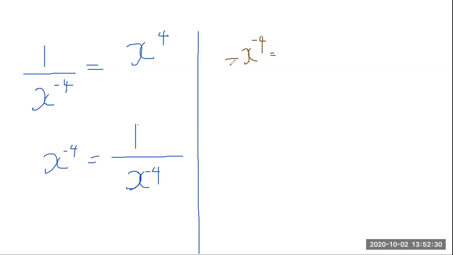I can't get rid of this negative right here unless I multiply by negative 1. However, we're talking about the negative in the exponent. So this would be 1 over negative x to the positive 4. Flipping it only makes the exponent change. It has nothing, absolutely nothing to do with that negative in front.